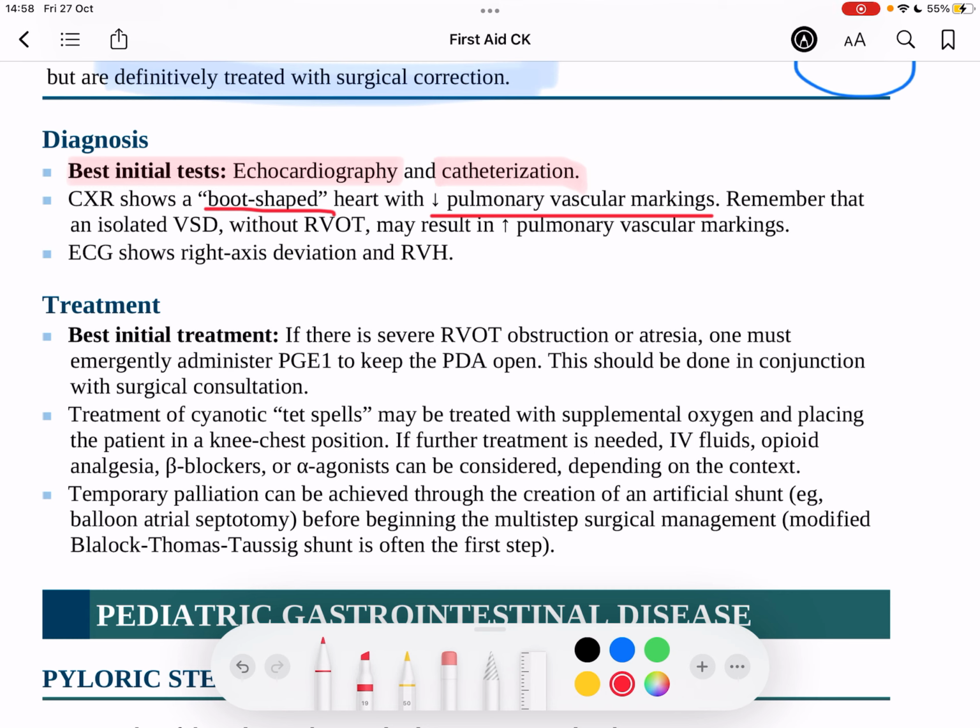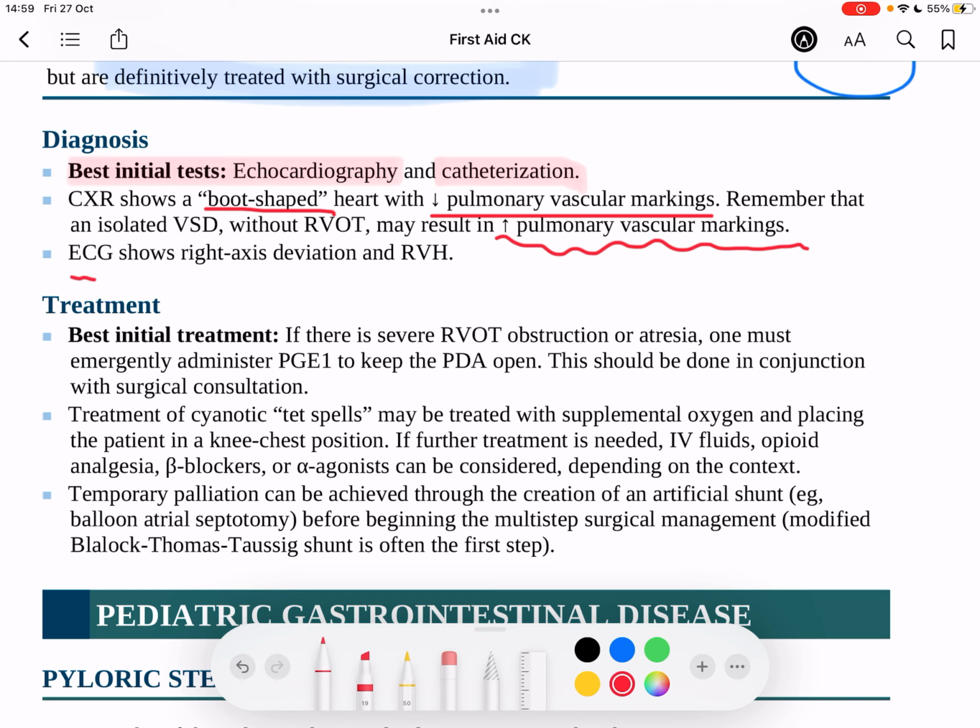We mentioned in patients with VSDs and even ASDs, they have increased pulmonary vascular markings. But because in Tetralogy of Fallot we have that right ventricle outflow tract obstruction, we're going to get less blood into the pulmonary vasculature, and therefore we have decreased vascular markings. So that should make sense.